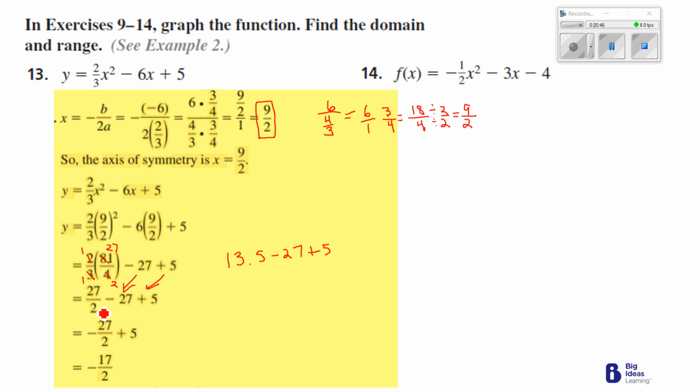Let's see. 27 over 2 minus 27. Because this is a half. So where are they getting the same? Let me check this out. Oh, I see what they did there. Since this is half of this, minusing this from this will give you the negative one. I'll show you in a second here. So basically, they kept this as a fraction, right? What they did is they put 27 over 2, and they said minus this.